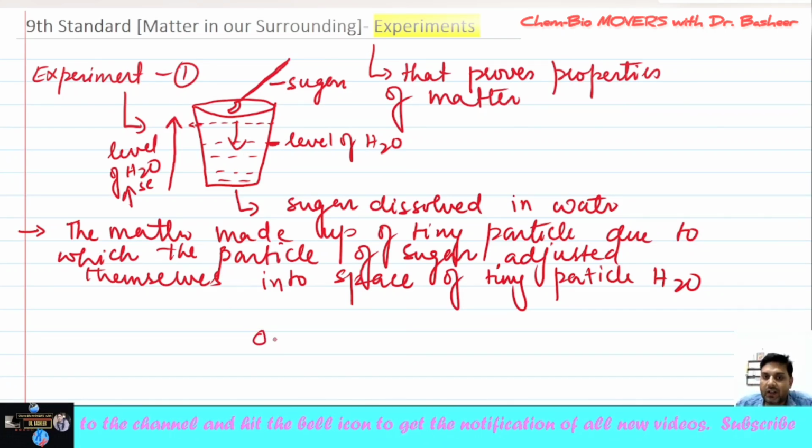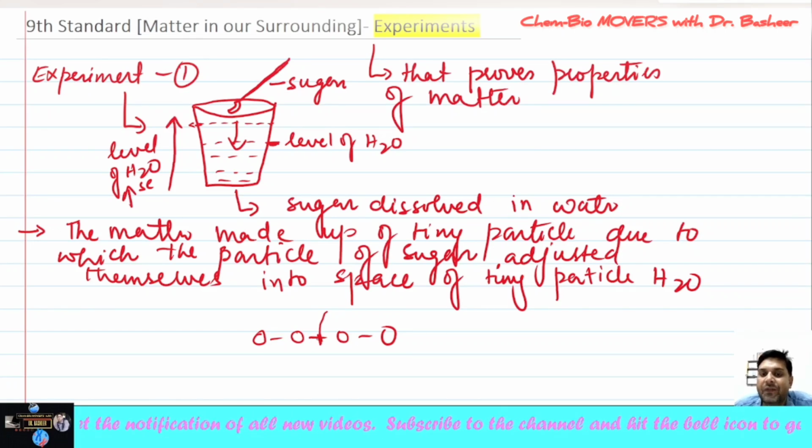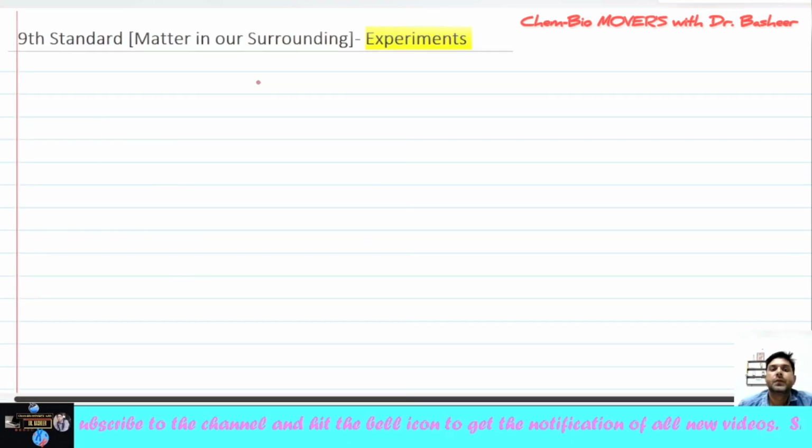This is the water molecules. When the sugar is added, it will adjust in between the space present between two atoms of the water. Now moving on to the second experiment. I hope you understand the first experiment.